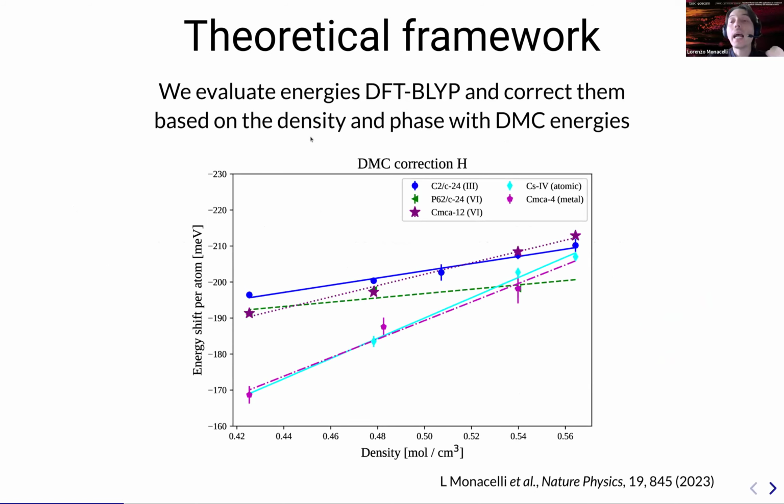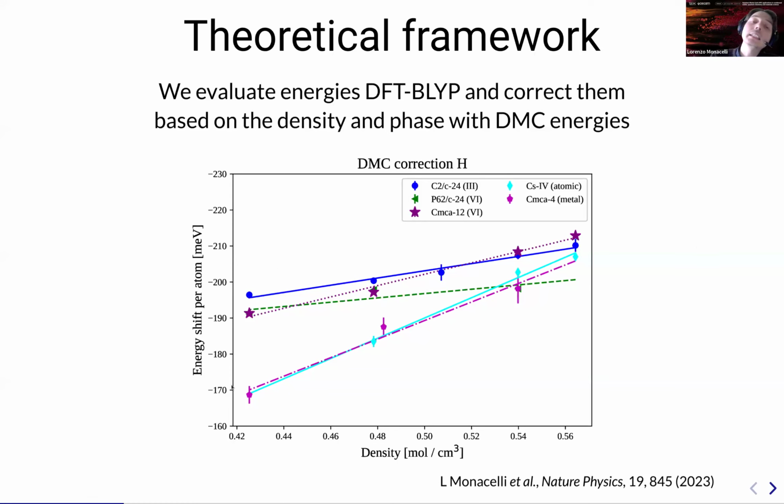It means that we actually do the full simulation using density functional theory. Then for each pressure and each phase, we take the most likely configuration for the nuclei, taken from the nuclear wave function. So we take the maximum of the probability distribution of the nuclear wave function for each nucleus, and we do a one-shot diffusion Monte Carlo calculation on this configuration to rescale the energy of each phase on a per-phase, per-density basis.